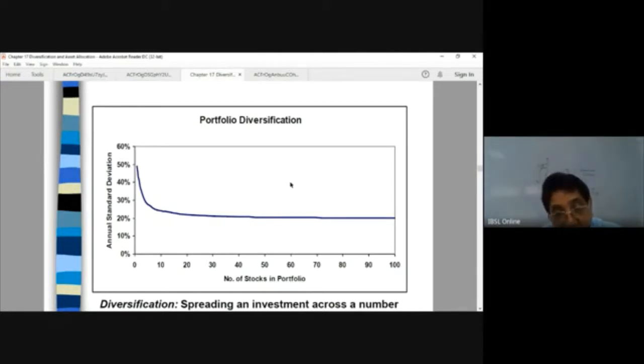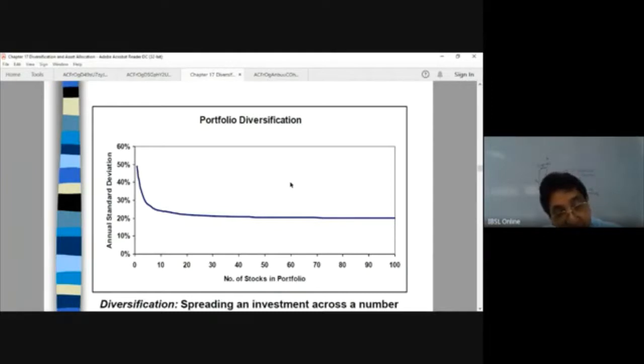That risk is called non-diversifiable risk. But before coming to that level, you have another risk which is higher than that, and the amount which can be reduced is called the diversifiable risk.